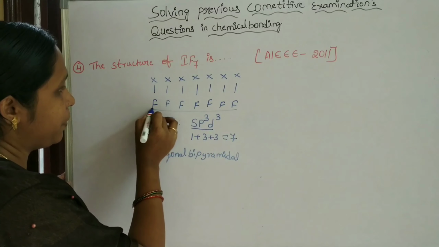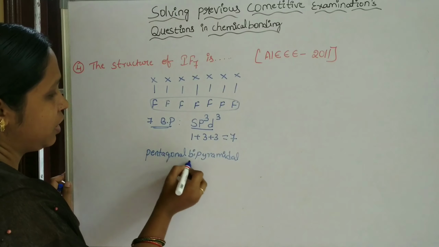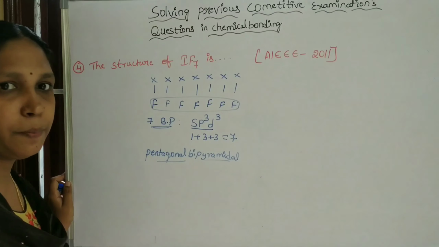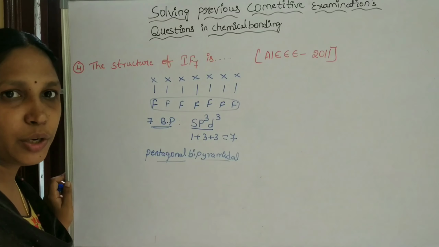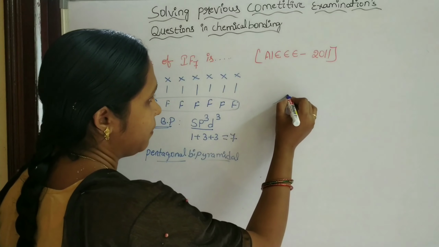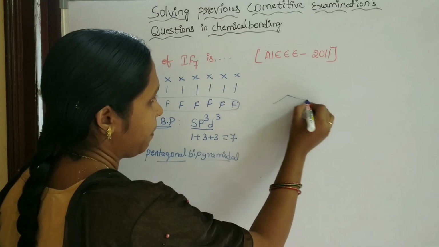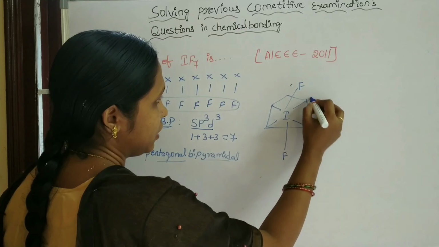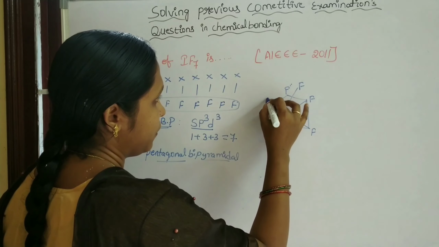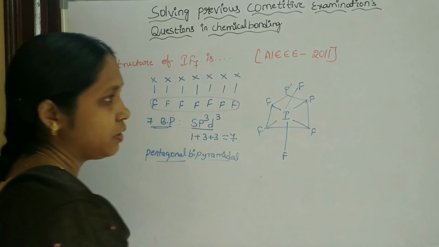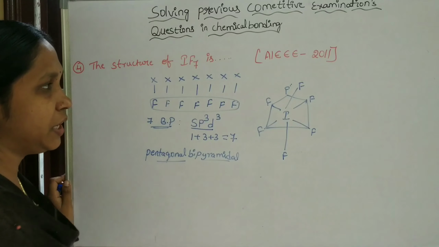All pairs are bonded pairs, so the shape and geometry are both pentagonal bipyramidal. This is the structure of IF7, pentagonal bipyramidal.